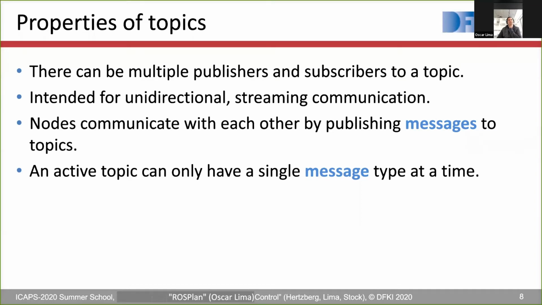It's intended for streaming. So if you want to publish multiple messages to a particular topic, this is what streaming is about. A constant flow of messages is the intention of these topics, and the nodes will communicate with each other by publishing messages in this topic.